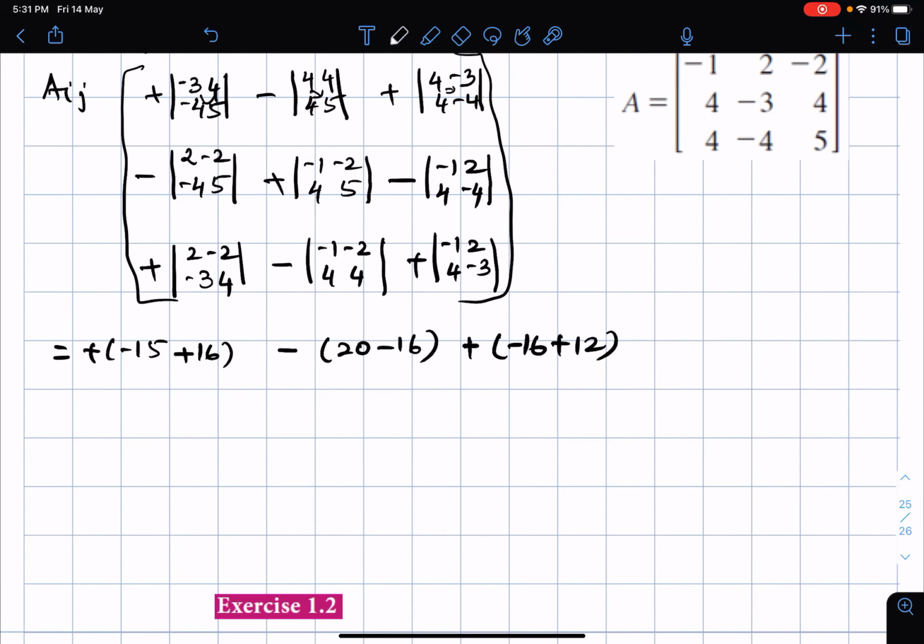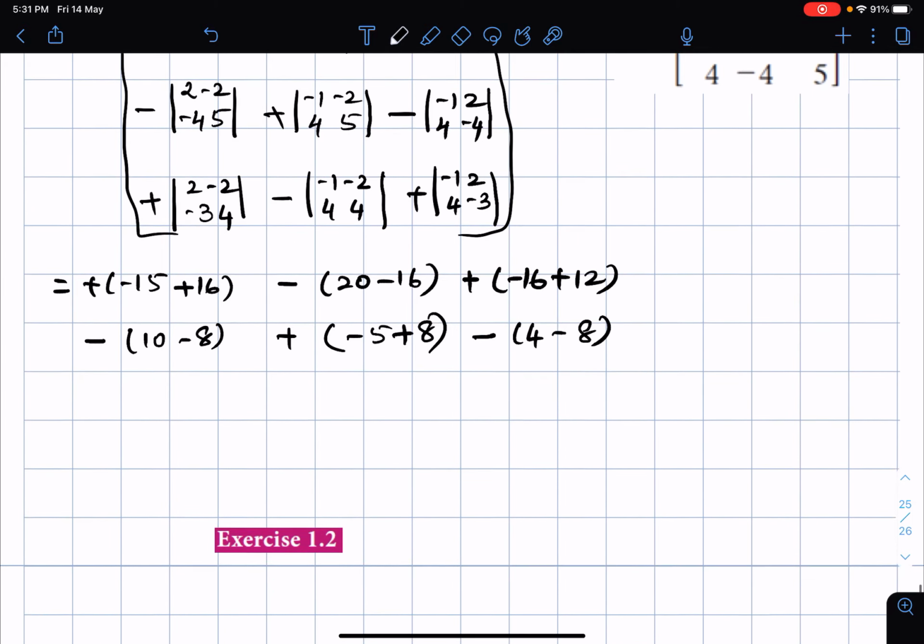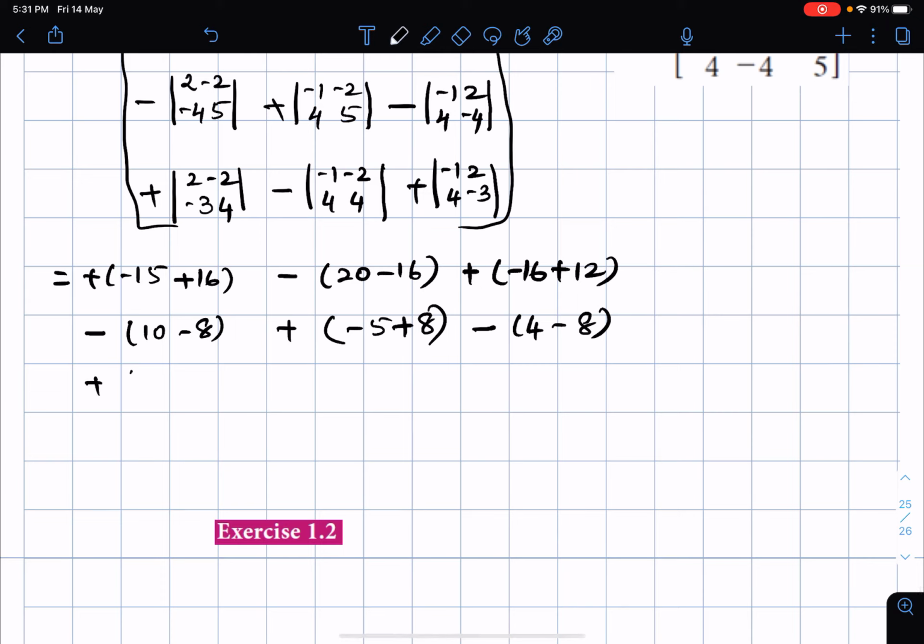Okay. For the second row, minus of 10 minus 8 plus minus 5 plus 8. And the last one is going to be minus of 4 minus 8.